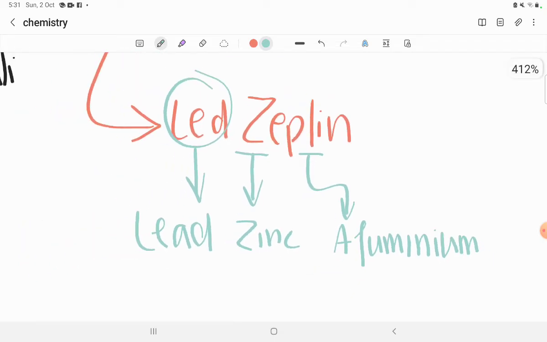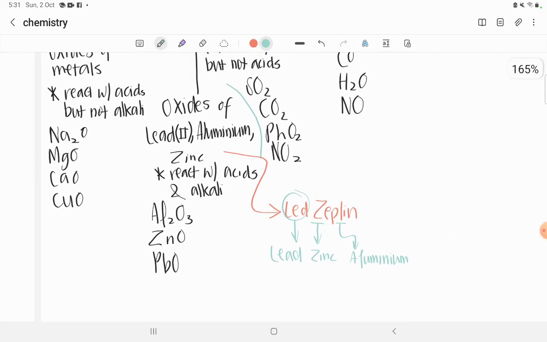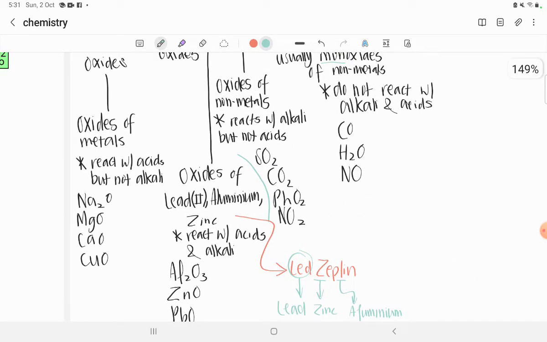So that's how I remember Led Zeppelin. The three metals that make up amphoteric oxides. So those are oxides.